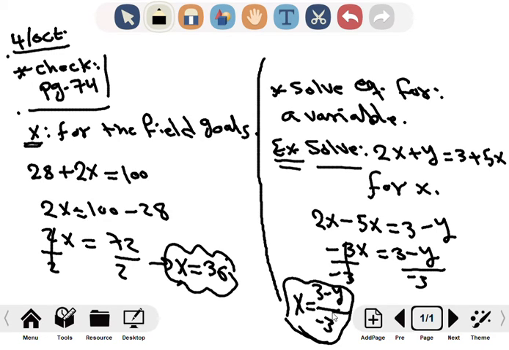3 minus y over minus 3. Divide what? 3 with a 3? No, we cannot. We can say 3 over negative 3 minus y over negative 3. We can say that. Distribute the numerator on the denominator, yes. But you cannot cross the 3 with the 3. This is important.